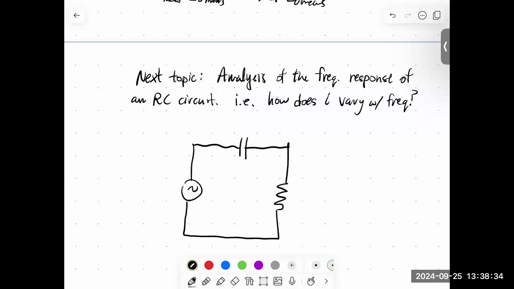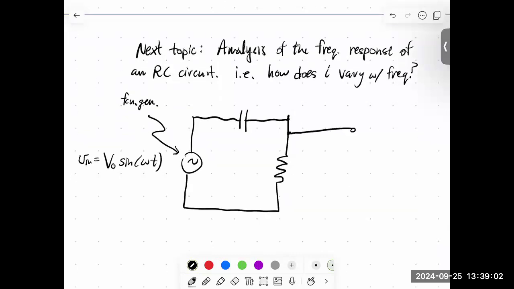Now we have our function generator. So this is our function generator circuit symbol. And what we're going to do is have that function generator output a sine wave. The sine wave is going to have some amplitude and some frequency, and we can adjust both of those things. Okay.